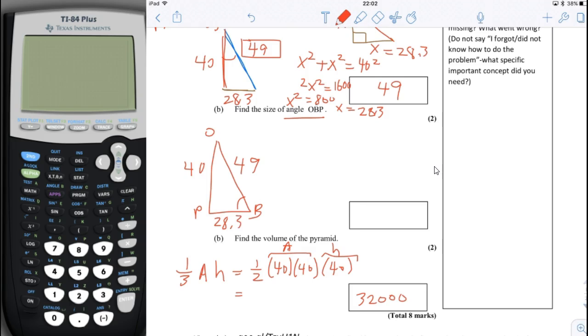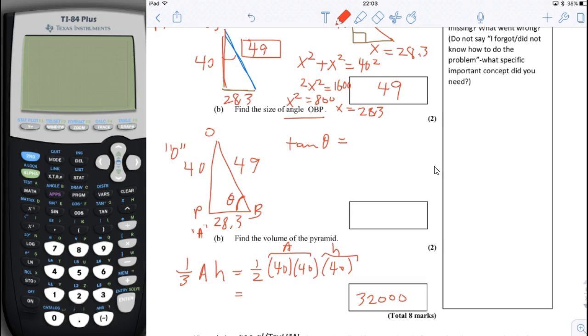To figure out the angle here, we could use sine, cosine, or tangent. How about if we use tangent? We're going to say the tangent of OBP, I'm just going to call it theta, is equal to the opposite over the adjacent. This is the opposite from theta, and this is the adjacent.